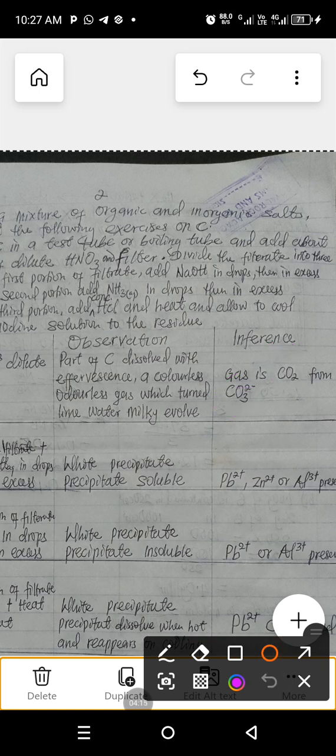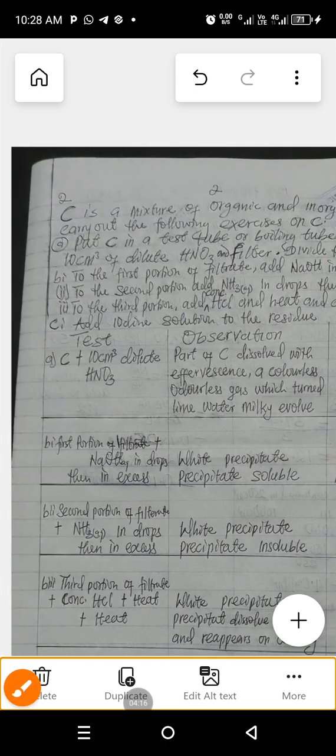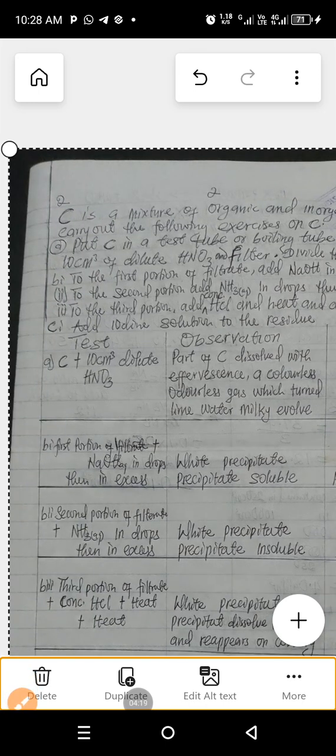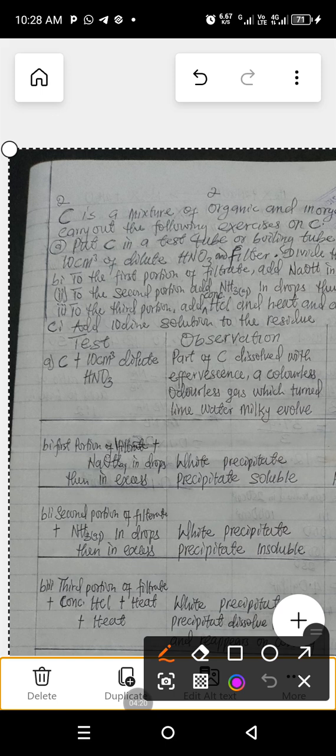Now, let's go to the next one. That's B(i). We are told to add sodium hydroxide to the first portion of the filtrate. When you add sodium hydroxide in drops, it's a white precipitate. In excess, the precipitate will be insoluble.